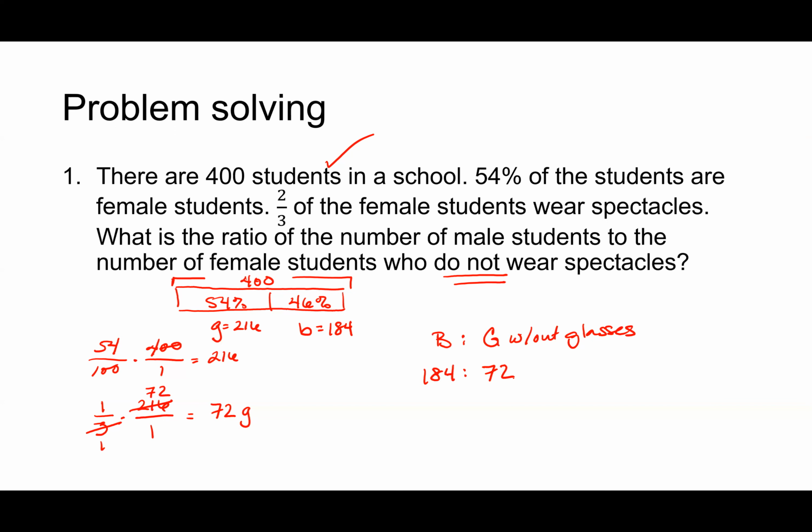I'm gonna just start by dividing by 2. Yeah, 184 divided by 2, 92, 72 divided by 2, 36. Okay, I can keep going. 92 divided by 2, yep, 46, 36 divided by 2, 18.